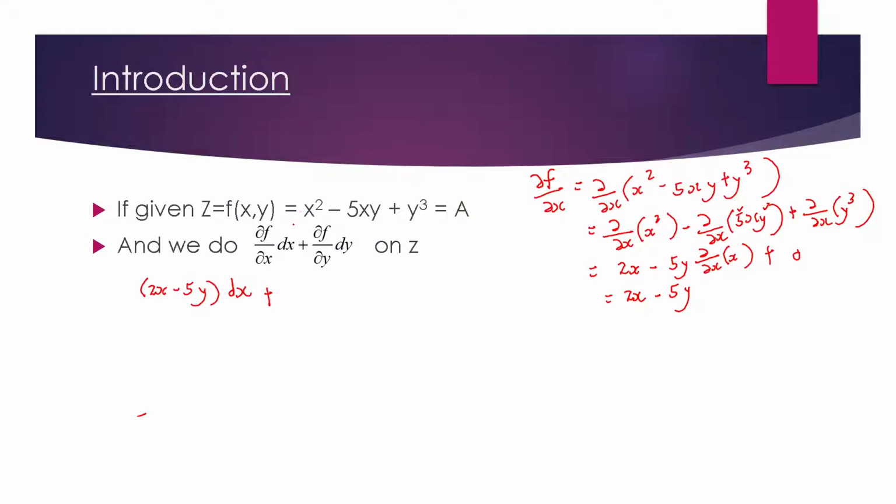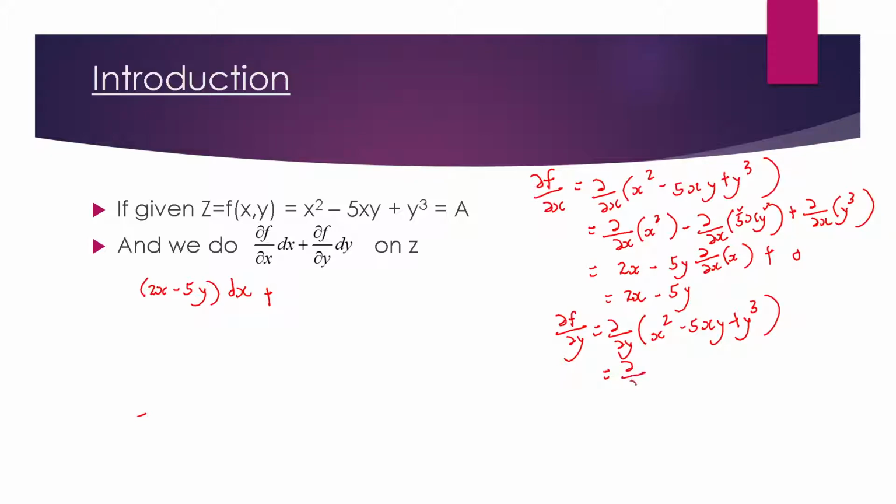Okay, and then similarly, when you do del f del y, when you differentiate with respect to y, x is constant. So you del y of x squared minus 5xy plus y cubed.